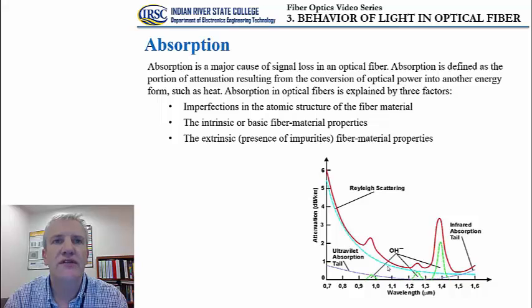Absorption in optical fibers is explained by three factors: imperfections in atomic structure of the fiber material, so-called intrinsic or basic fiber material properties, and finally so-called extrinsic or fiber material properties, mainly presence of impurities.